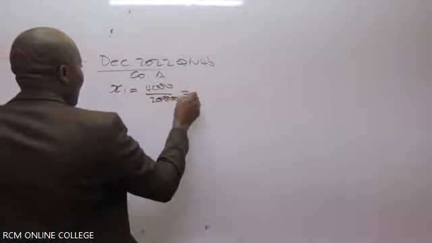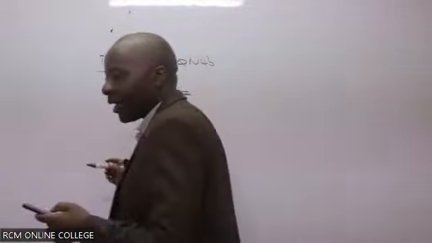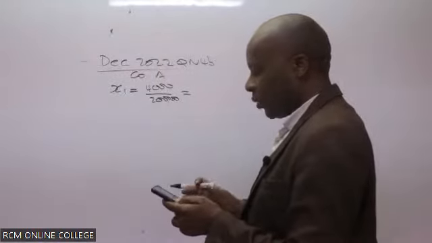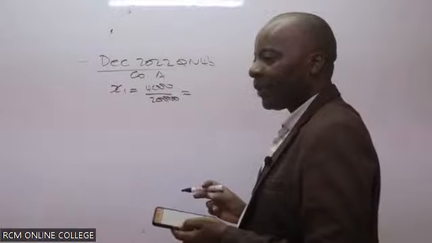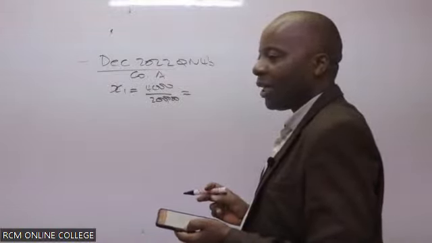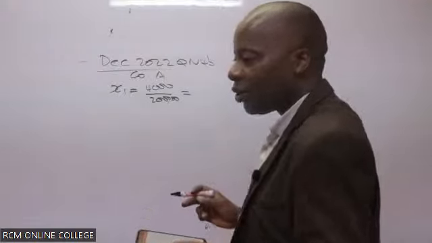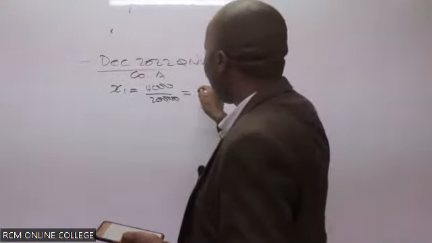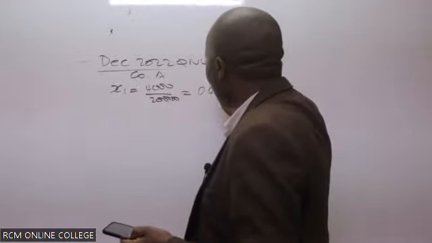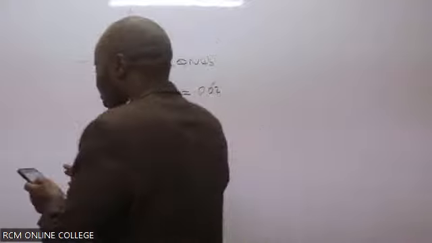Could you kindly give me this figure for X1? 40,000 divided by 200,000 will give us 0.02. Is it 0.02 or 0.2? It's 0.02, because of 40,000. Thank you so much.